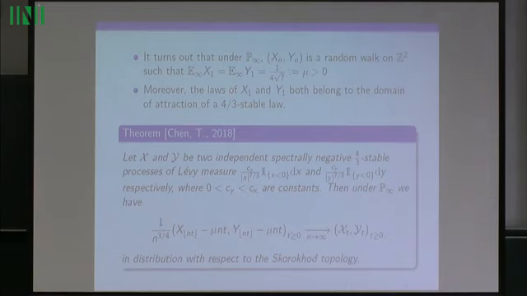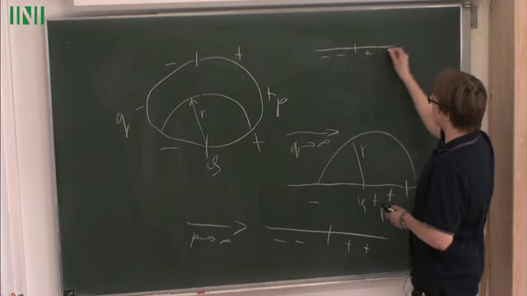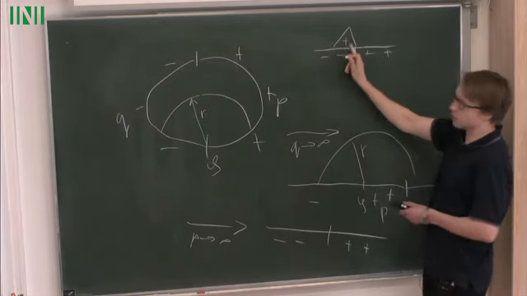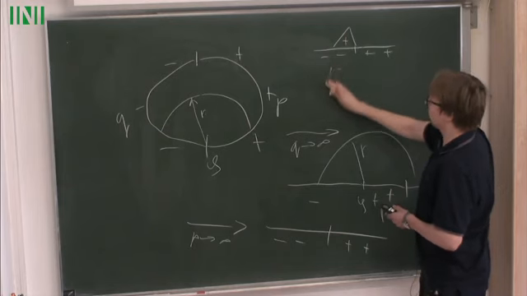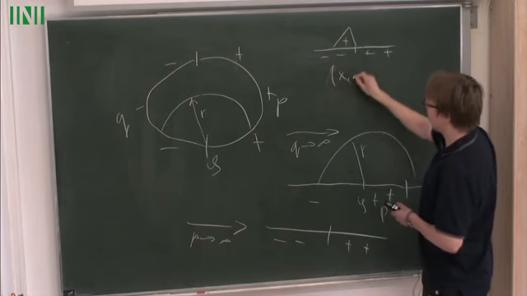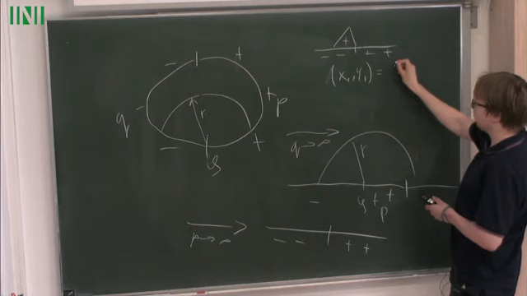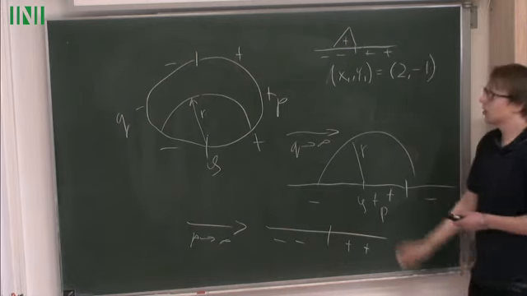what is this x1? Well, we have the peeling process, and we have it on the half plane. So basically, for example, if we have here a plus like this, then x1, y1 will be 2 and minus 1, or like this.